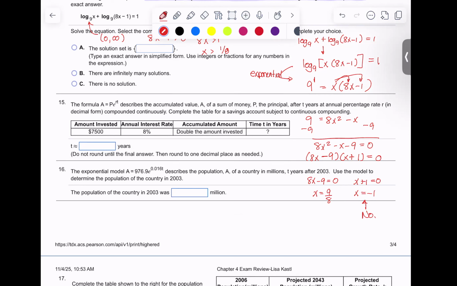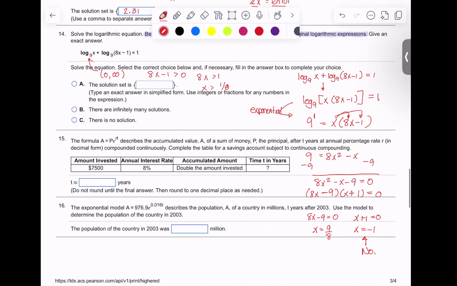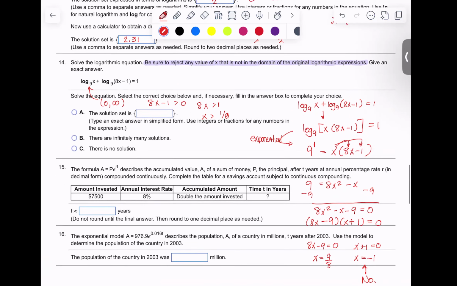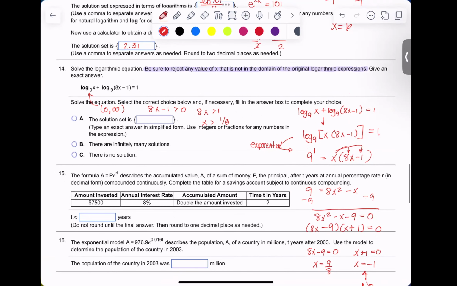It's not a solution because I talked about earlier in this problem that if x is -1, I have a problem right there. I actually have a problem there too, honestly. Either one of those, if you try to put -1 in there, it is not going to work. You're going to get an error if you try that on your calculator. So what's the solution? Well, it's the other number, the 9/8.